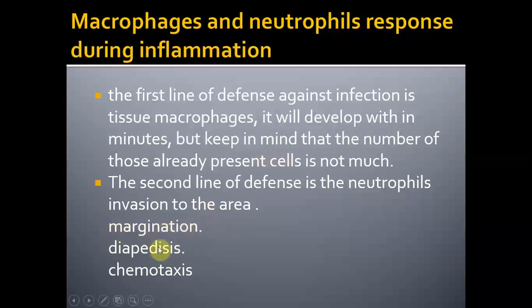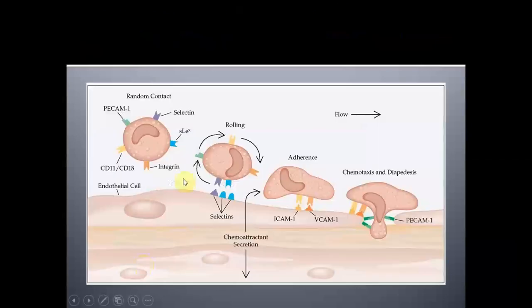And then they are going to leave the wall through the small pores of the capillaries through a process we call diapedesis. Then they crawl by amoeboid movement, attracted to the focus of injury by chemotaxis.